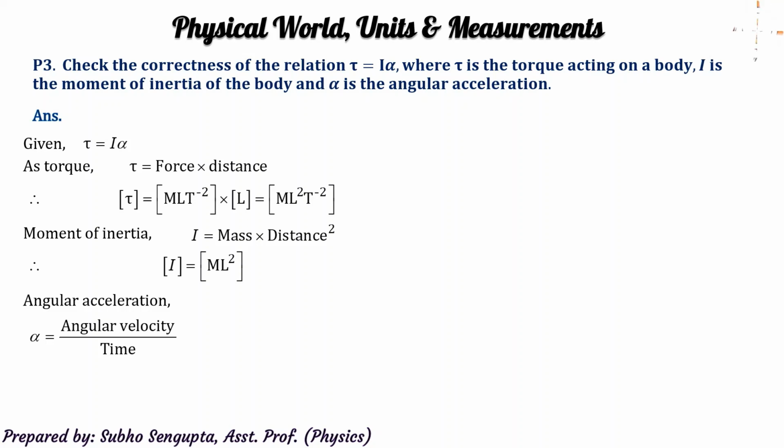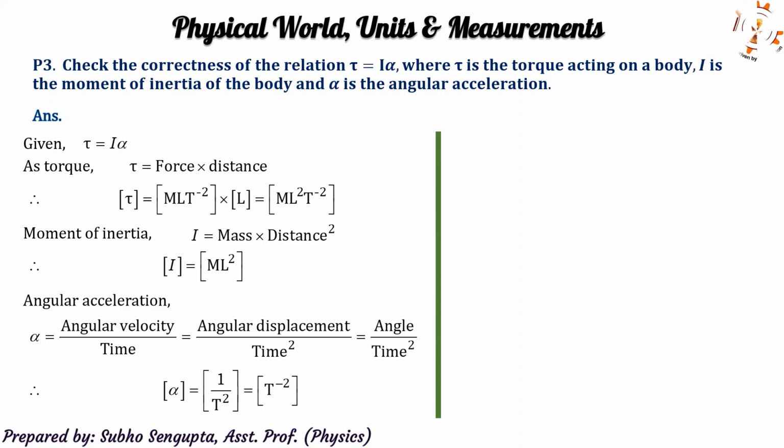Again, angular velocity is the time rate of change of angular displacement. So, mathematically we can express the angular acceleration as angular displacement divided by time square. Angular displacement, or angle, is a dimensionless quantity. Therefore, the dimensional formula of angular acceleration is [T^-2].